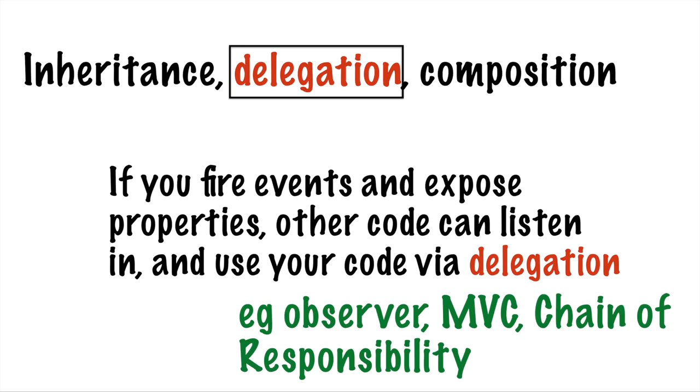The observer pattern, the model view controller paradigm, and also the chain of responsibility pattern, which is used in exception handling. All of these make use of delegation to ensure that classes, while remaining closed for modification, are still open for extension, just as the Open-Closed Principle would dictate that they should be.